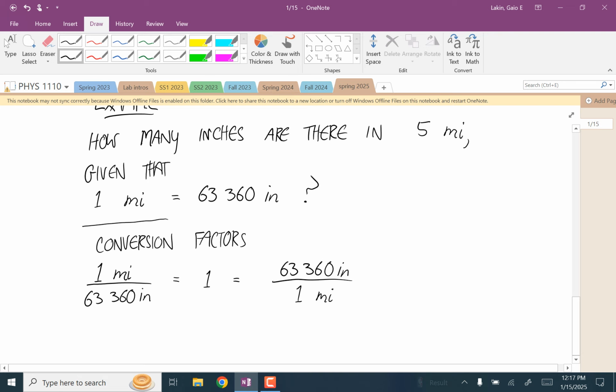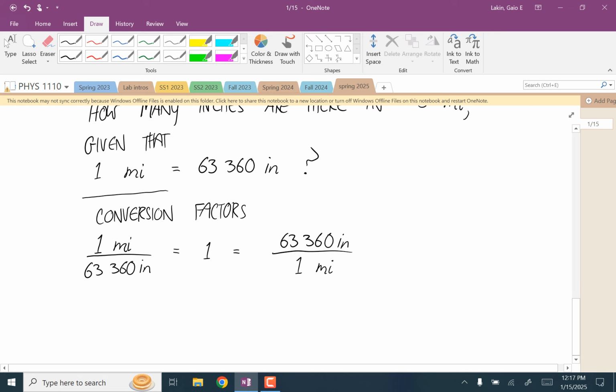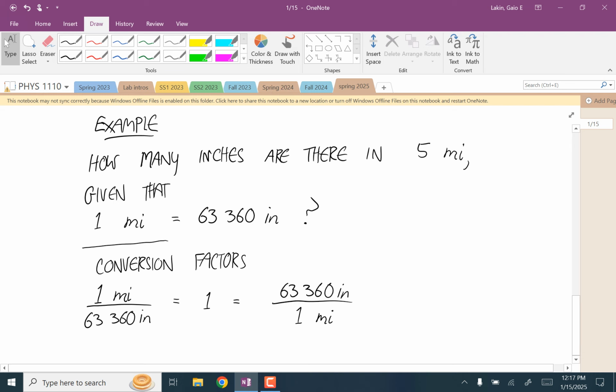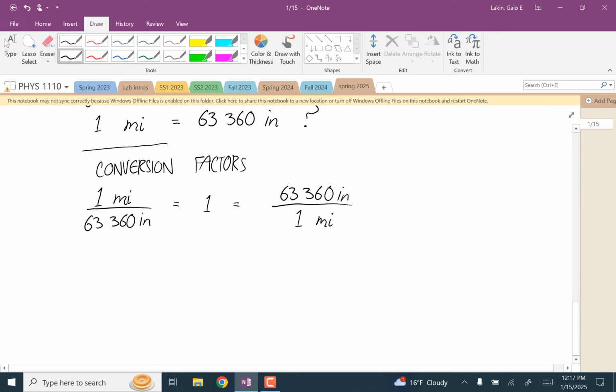Okay, so now that we have the two possible conversion factors, the quantity that we want to change units for is 5 miles. So we're going to start with 5 miles, and I'm going to always put a division bar there so we're really clear about what's in the numerator and what's in the denominator.